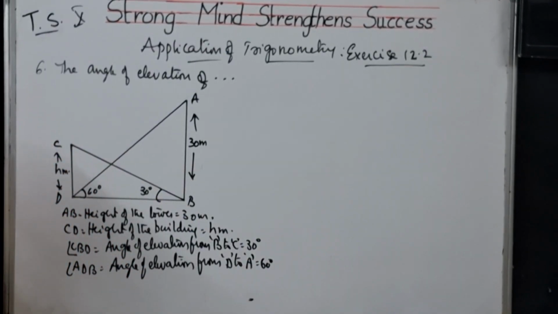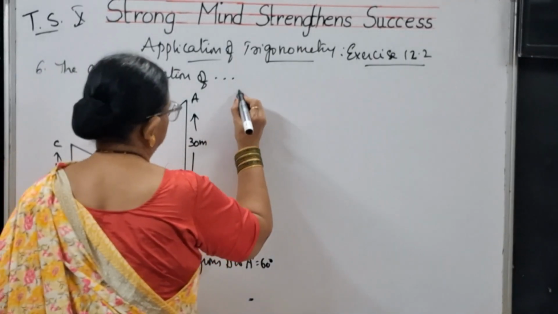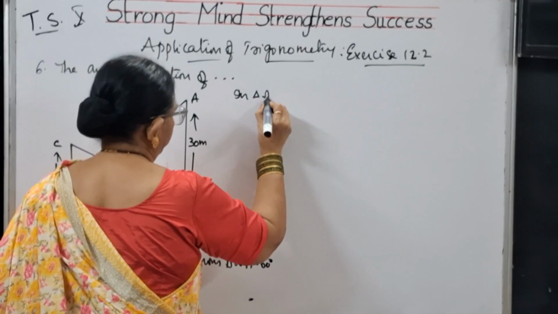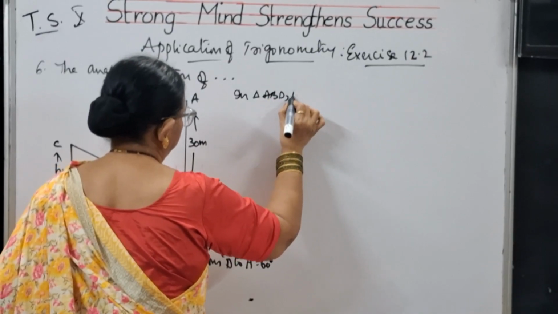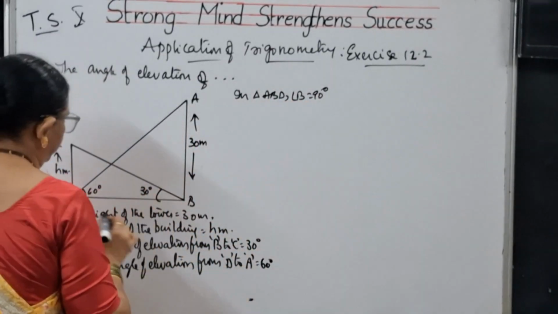Now we need to find out the height. Now let us take triangle ABD. In triangle ABD, angle B is 90 degrees.